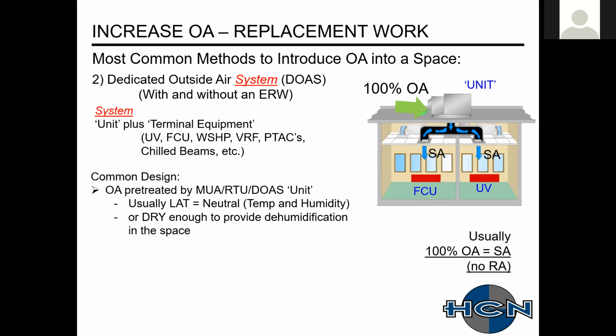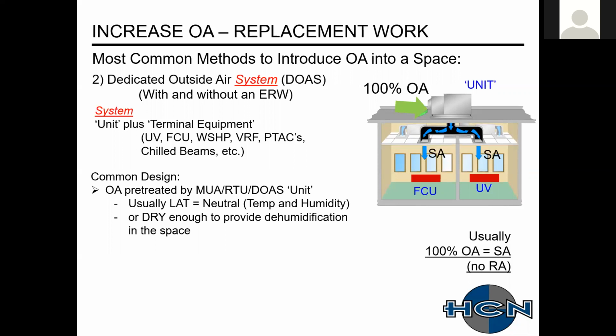So a common design for the outside air is to pre-treat the unit. I put down makeup air, RTU, DOAS, just because there's a lot of different acronyms for this type of unit. It's usually designed so that the leaving air temperature produces neutral air, neutral in respect to temperature as well as humidity.